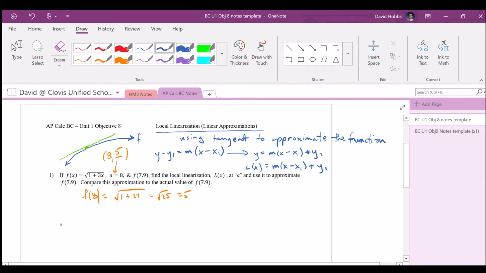So f prime of x, okay, so square root, that's really a quantity to the 1/2 power. So we have 1/2 times 1 plus 3x to the negative 1/2 times the derivative of the guts, which is 3.